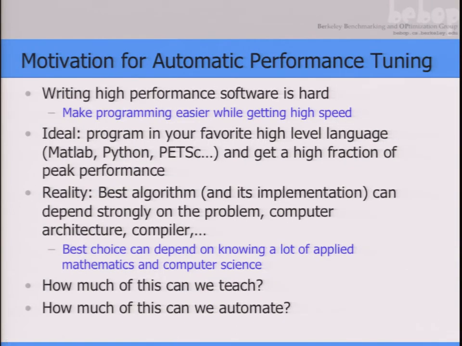Okay. So as you gathered from homework one, writing high-performance code is hard, and it's not getting easier as the architectures get more complicated. Ideally, we'd just like to write it all in our favorite high-level language like MATLAB or Python, PETSc perhaps, and just get a high fraction of peak. And so let us talk about how to automate some of that.